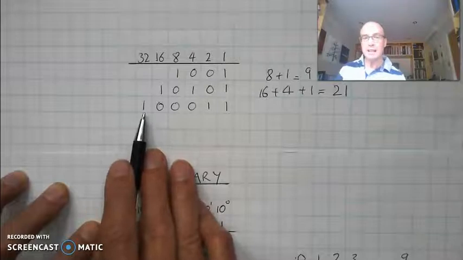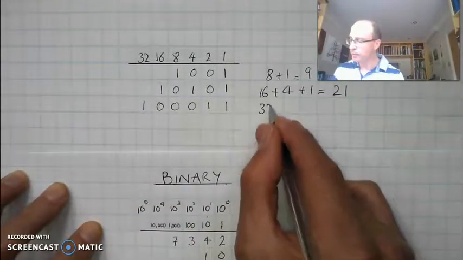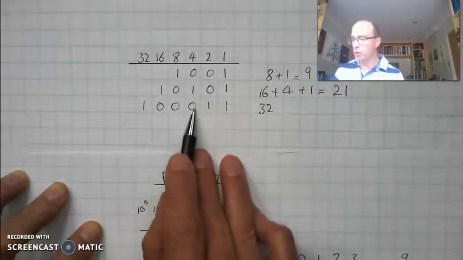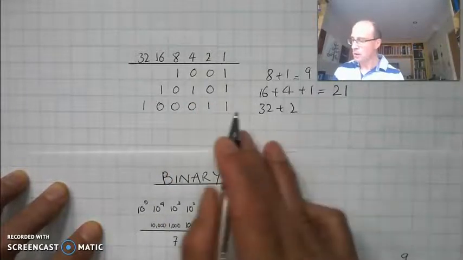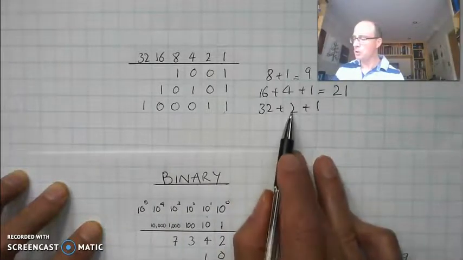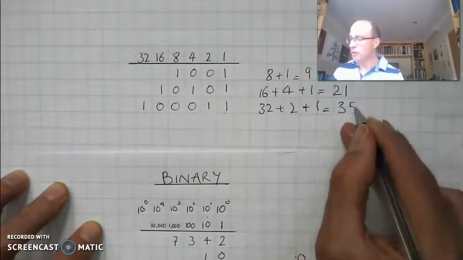Next number is getting a little bit bigger. So this time I've got one lot of 32. I've got no 16s, no 8s, no 4s, but I've got 1 2, and I've got 1 1. So I've got 32 plus 2 is 34 plus 1 is equal to 35.